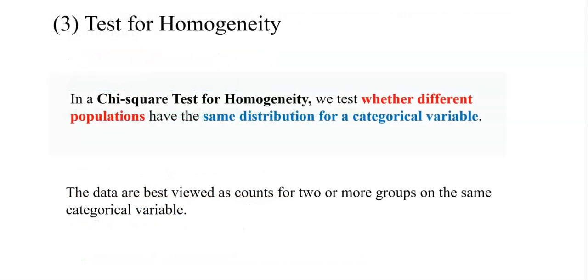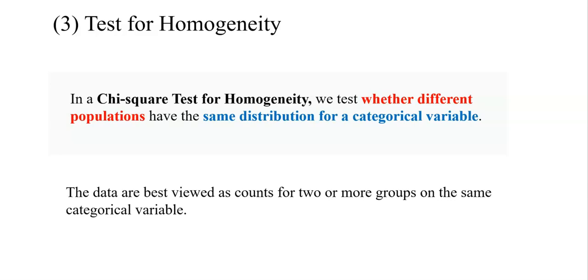Okay. Now the third group is test for homogeneity. In a chi-square test for homogeneity, we test whether different populations have the same distribution for a categorical variable.